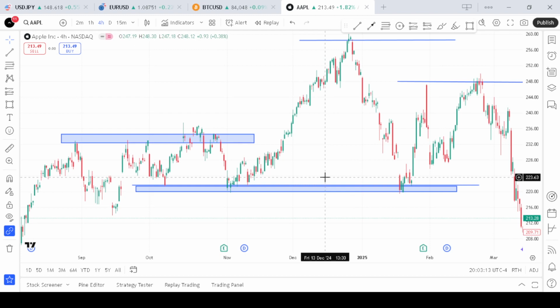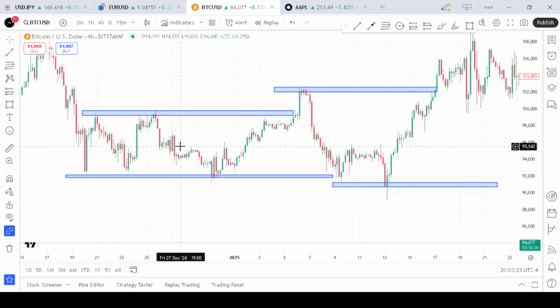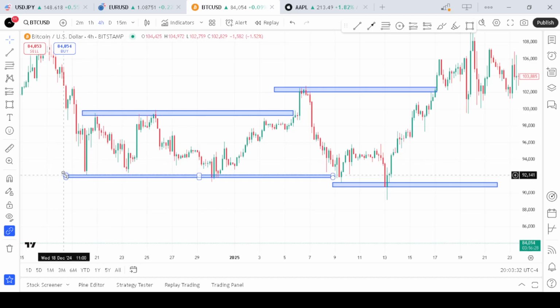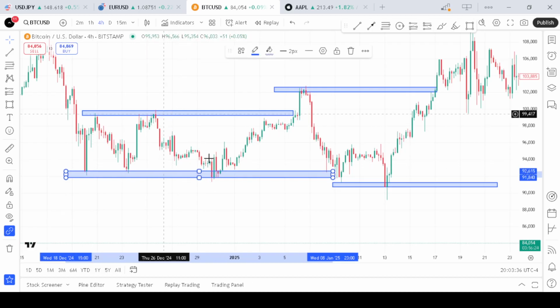Finally, we have to validate our levels by observing how price interacts with them over a period of time. As we can see, price got to this area and reacted from it, came to the downside, reacted from the support area, showing that this is a strong resistance and support area.